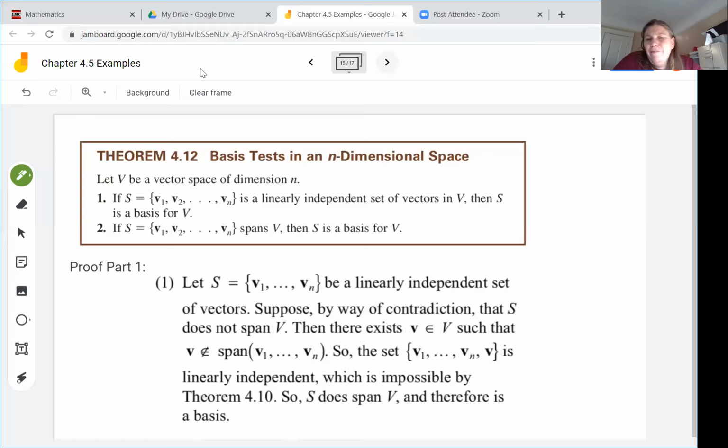So then the set v1 through vn with this extra vector v is linearly independent, but that's impossible because now we've got dimension n plus 1. And we know from theorem 4.10 that every set containing more than n vectors is linearly dependent. So S does span V, and therefore it's a basis.